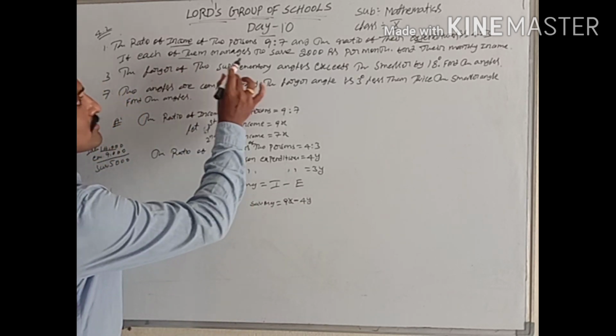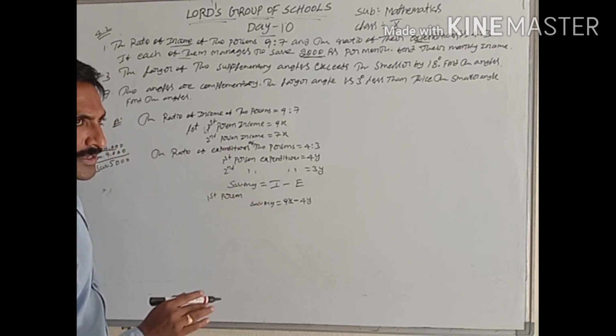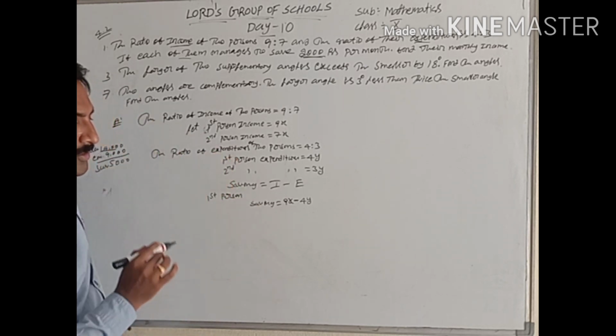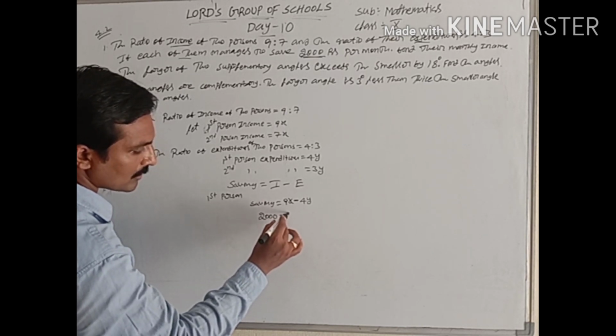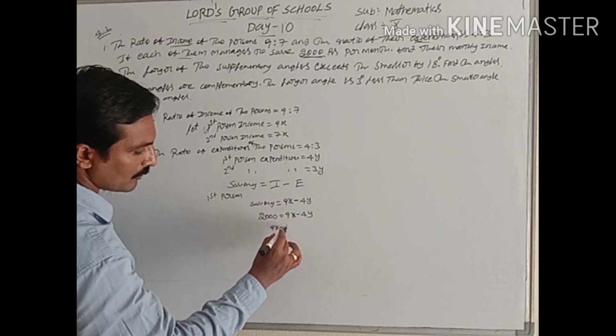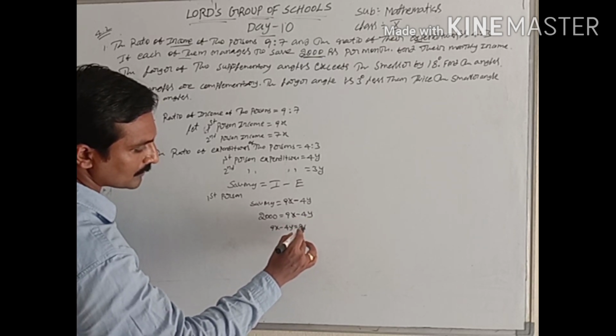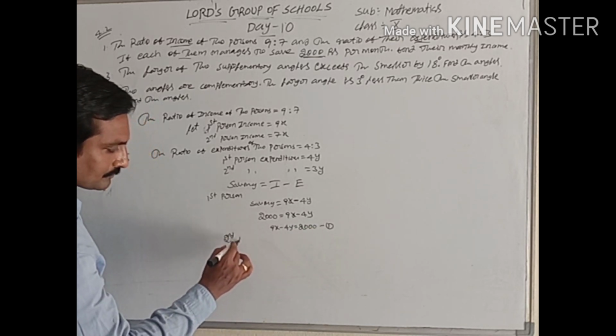Each of them saves 2,000 rupees. The first person's saving per month is 2,000 rupees. The second person also saves 2,000 rupees. So saving 2,000 rupees is equal to 9x minus 4y. Written in order, 9x minus 4y is equal to 2,000. This is equation 1. Now comes the second person.